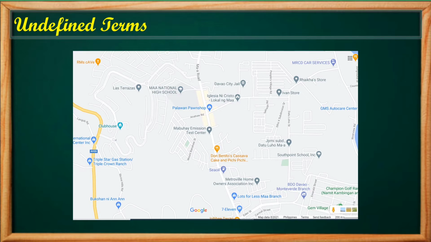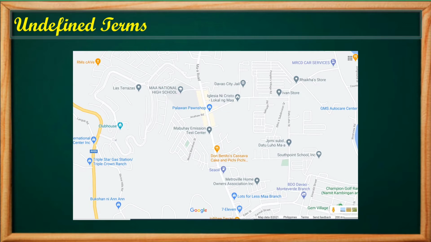Example here, we have this dot representing the Maa National High School, yours truly kung saan nagtuturo. Okay. Nandito rin yung dot ng Las Terrazas. At dito rin yung dot which is the location of Palawan Pawn Shop. Okay? Those are the points that represent a location.